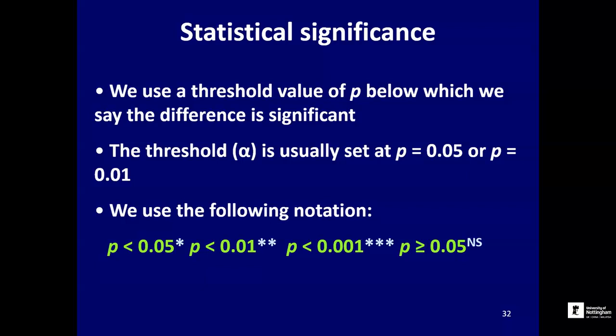And that threshold has a name. It's called alpha. And you'll see later on why we give it a name in future lectures, not today. So alpha is typically set to be 0.05 or 5%, or maybe 0.01 or 1%, but other values are used.